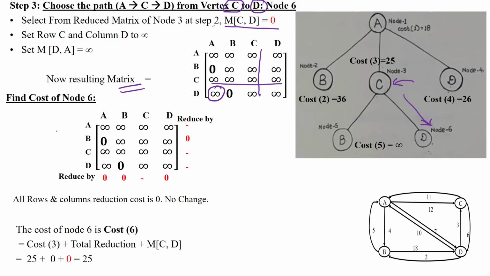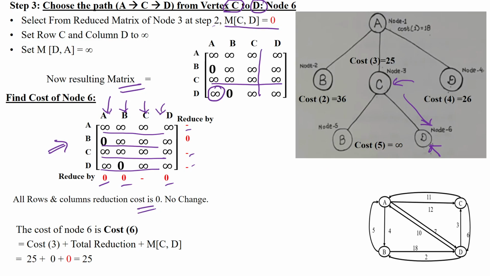Now we got the resulting matrix. Apply the row reduction and the column reduction. Here all are infinity, here 0, here infinity, here 0. So you will get the row reduction as 0. Like that, column reduction you will get the same matrix element, so here you are getting 0. So after performing total reduction, again you will get the same matrix for node number 6, which is d.